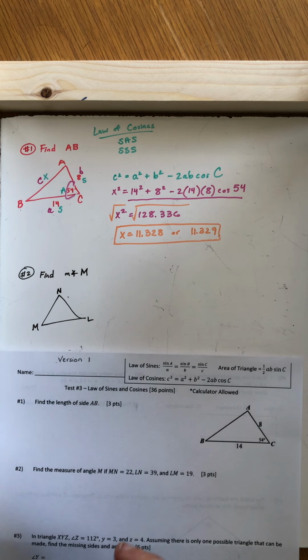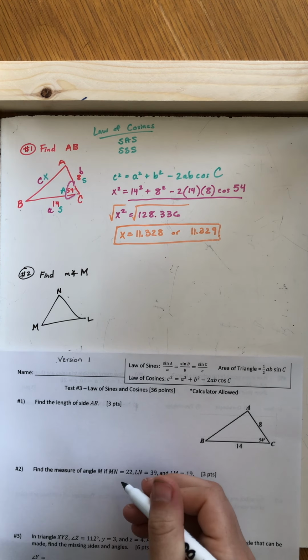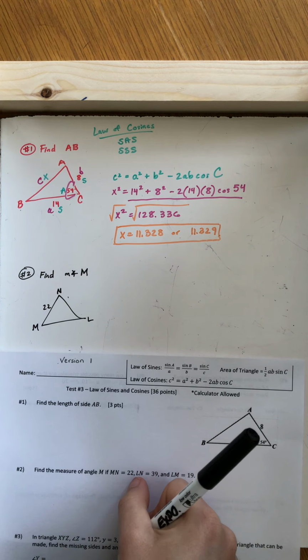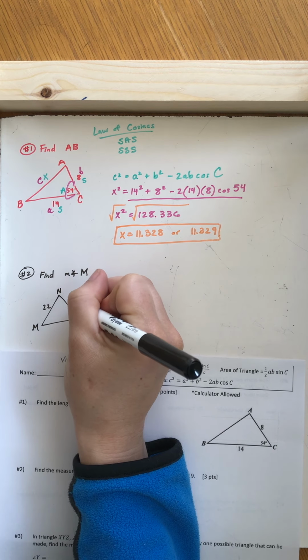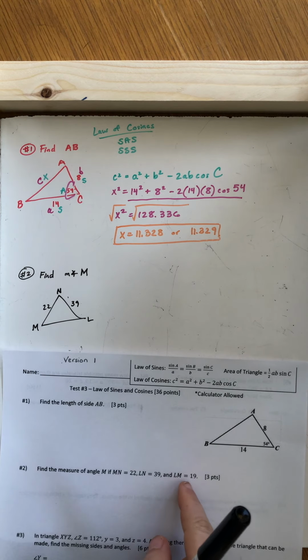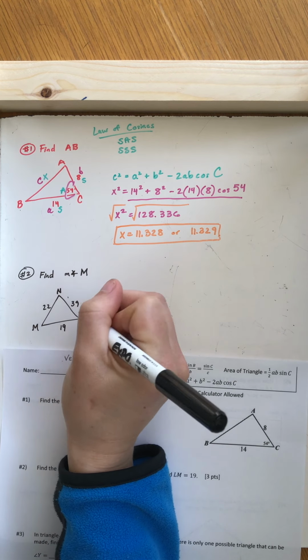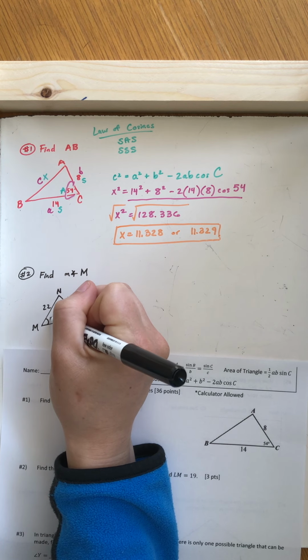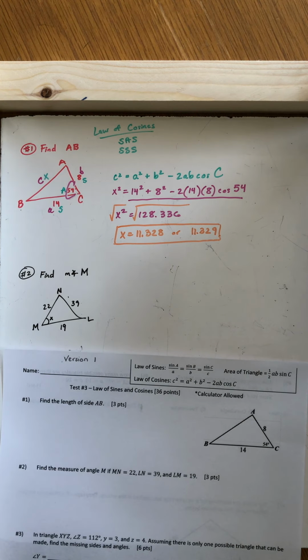The triangle ratios are still going to be the same. So M to N is 22. L to N is 39. L to M is 19. And I want to find the angle M. So I'm going to make that my X right there.